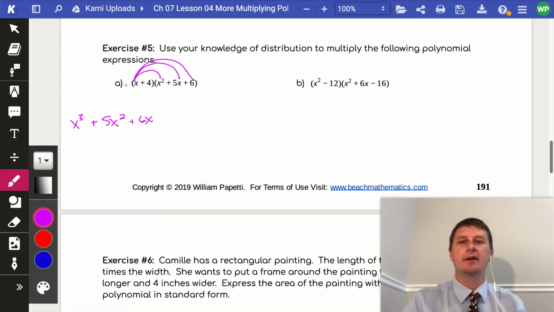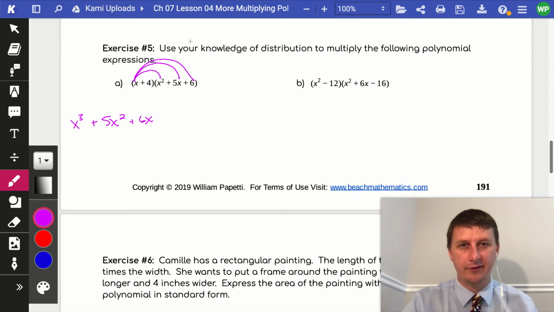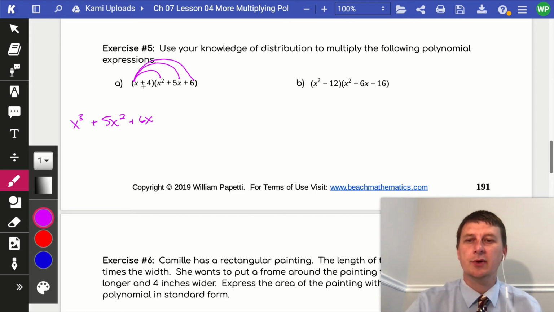Now we've multiplied our first term in the first set of parentheses by everything in the second set. So now we go on to our second term in the first set, and we multiply by everything in the second set. So we're going to start off with 4 times x squared. And that gives us 4x squared. And then 4 times 5x.